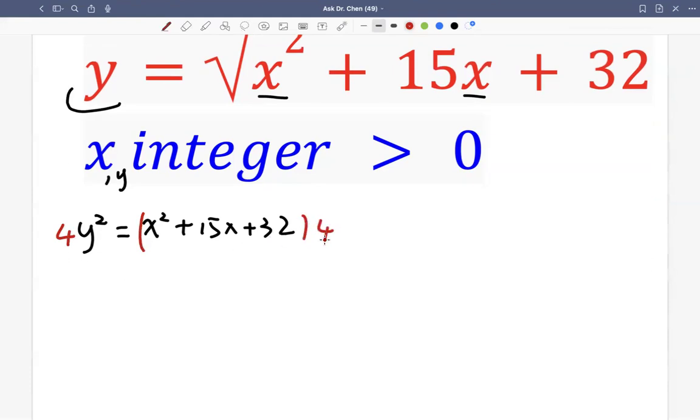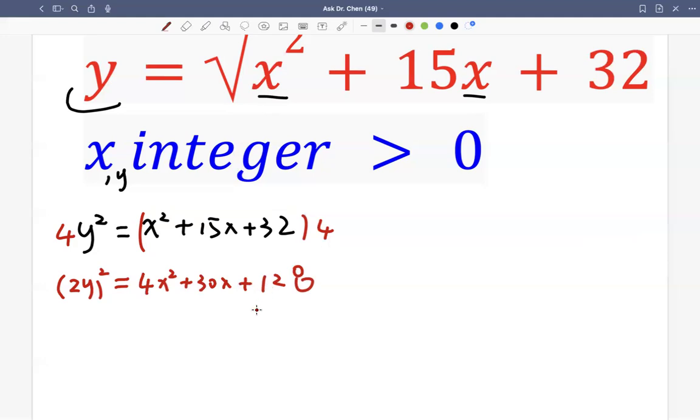We also multiply by 4 on this side, because in this way we can make 4y squared as (2y) squared. So we can make a perfect square instead of working with fractions. Then the right-hand side will have 4x squared plus 30x plus 128. Let's see if this way is easier.